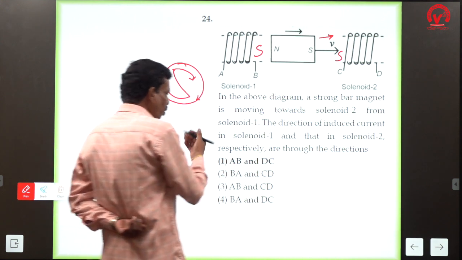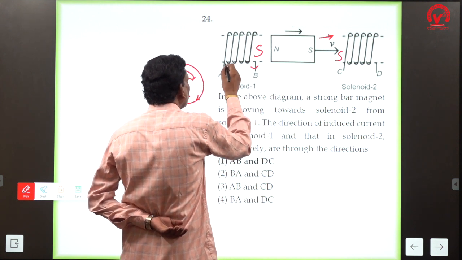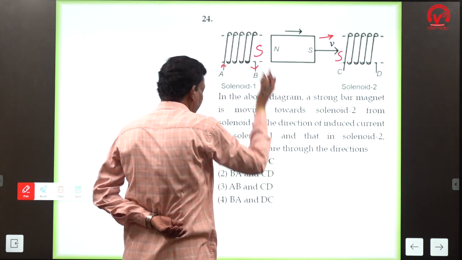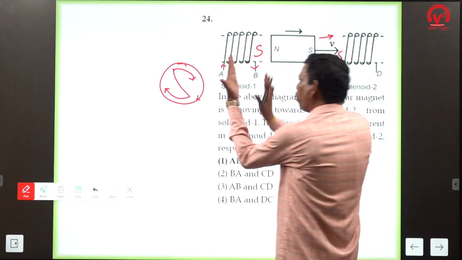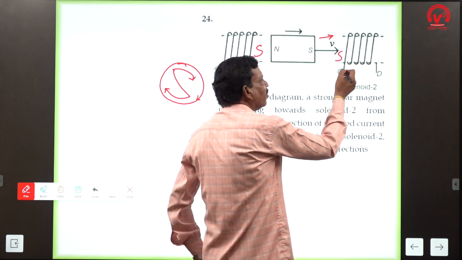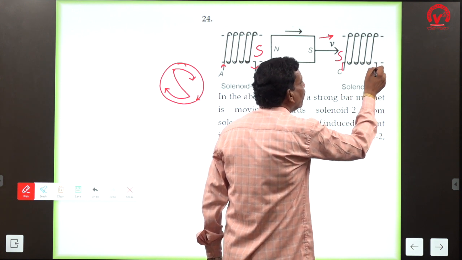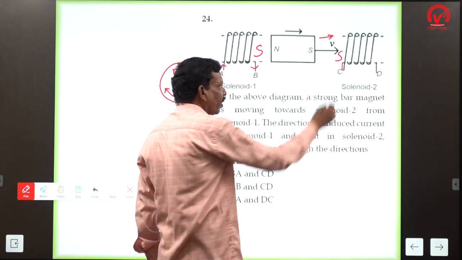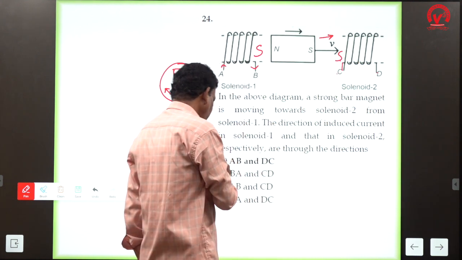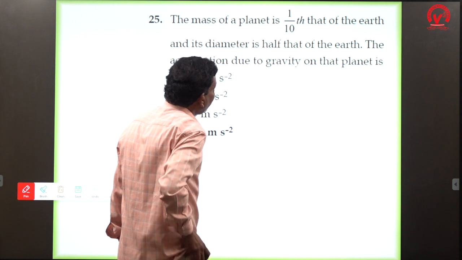So clockwise direction, we have to see from the start here, A to B. Like that, here C to D, D to C. Here also south pole, here A to B, here D to C. So the first option is correct.